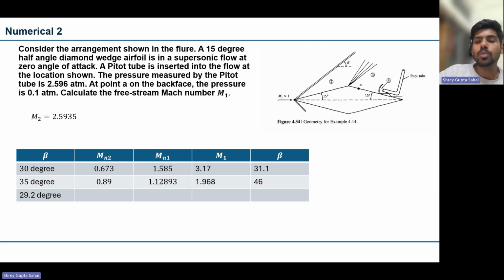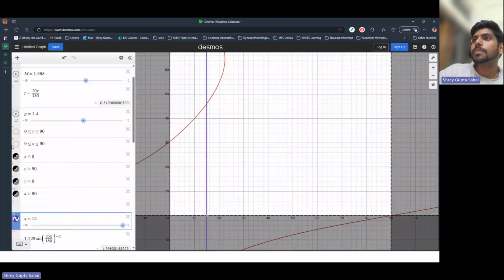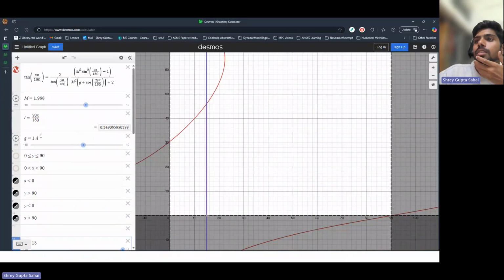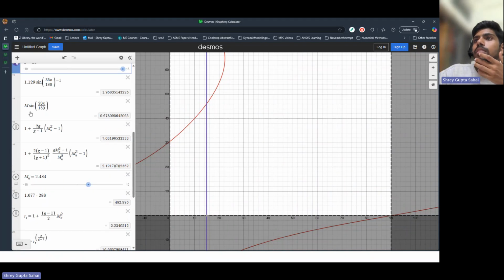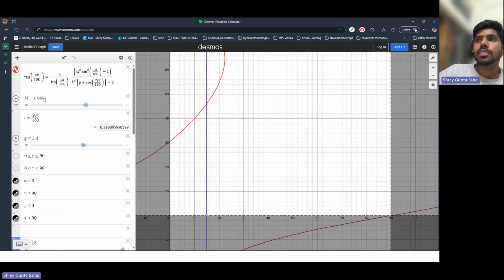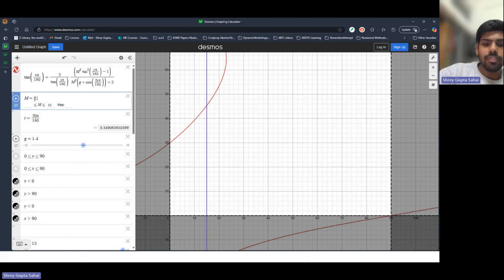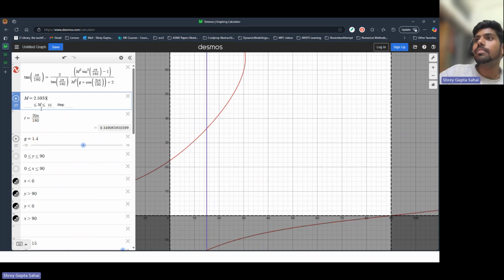So for 29.2, let's start seeing what results we get. Then we have M can be taken as 2.5935.